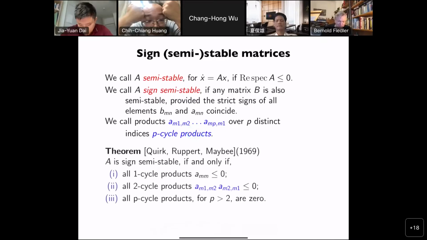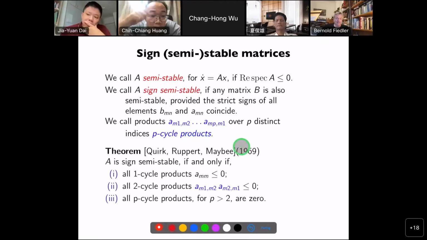Now, the theorem is the following. This is an old theorem of 1969. It's a complete if and only if characterization of semi-stable matrices, sign semi-stable matrices. Namely, the diagonal has to be less equal 0.